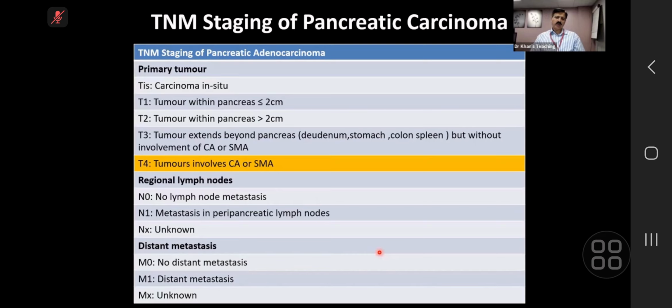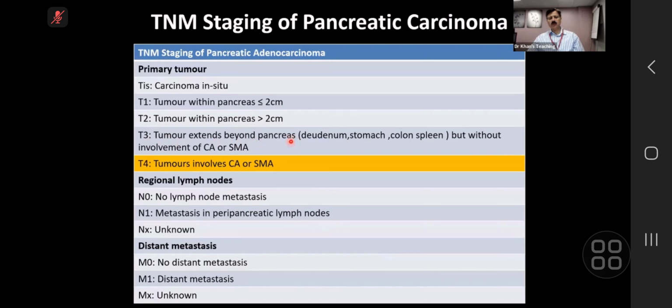Okay, now as far as T staging of pancreatic tumors is concerned, the key thing to understand is the T4 tumor. Let me go back first of all to T3. A T3 tumor is a tumor that extends beyond the pancreas.